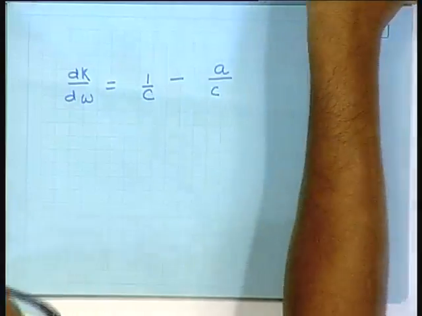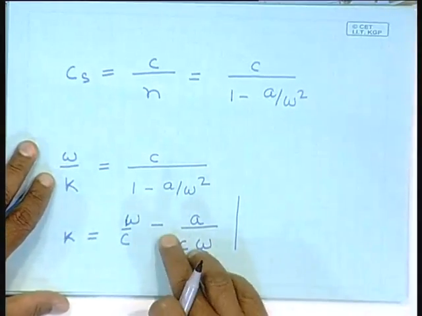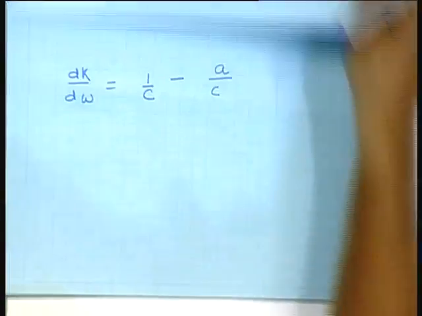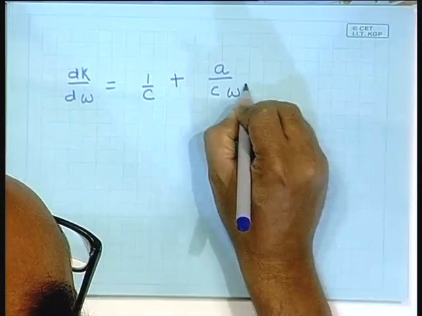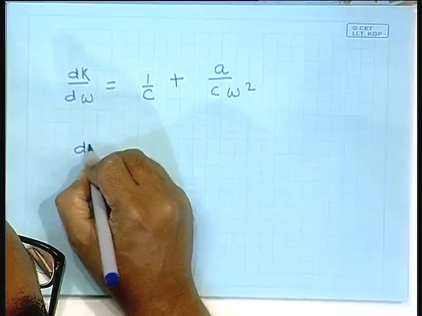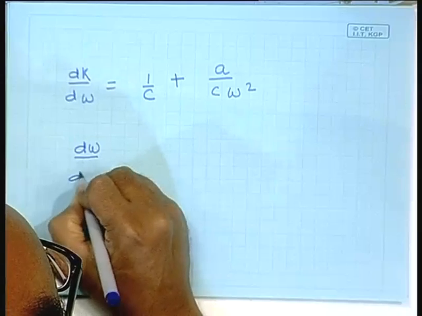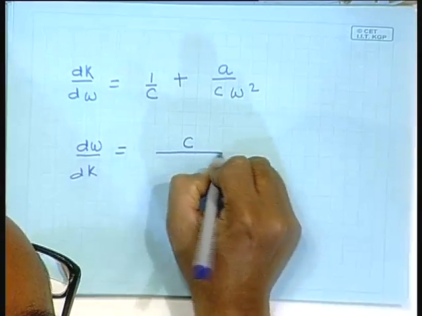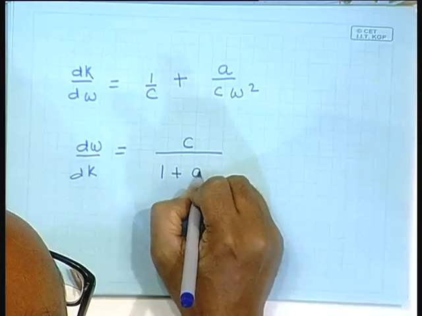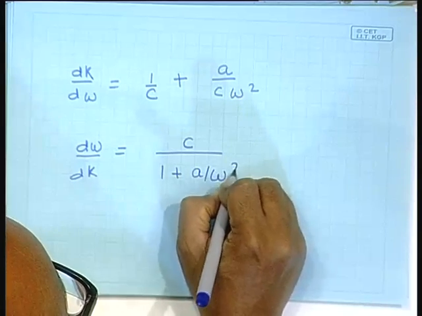Now, if I differentiate this with respect to omega, I will get plus 1 by omega square, which gives us d omega by dk is equal to c divided by 1 plus a by omega square.